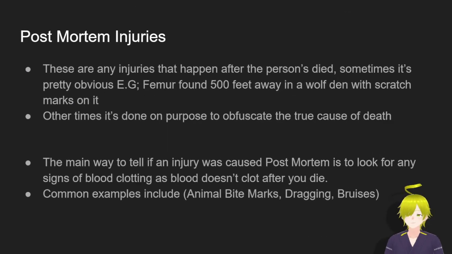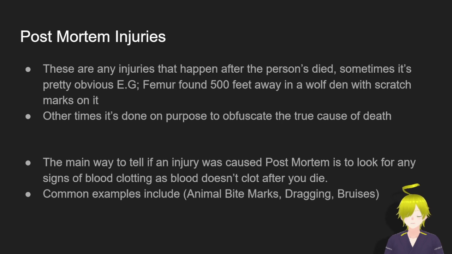Postmortem injuries. We talked about antemortem, now this is postmortem. We haven't talked about perimortem, but I'll get to that later. Postmortem injuries are injuries that happened after a person's dead. This is either the easiest type of injury to determine or the hardest, purely based on context.